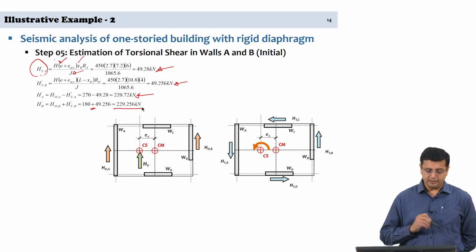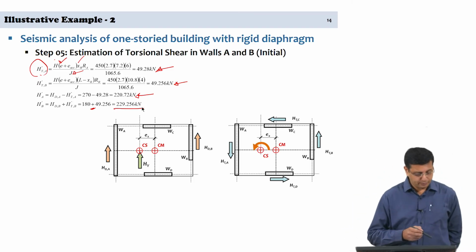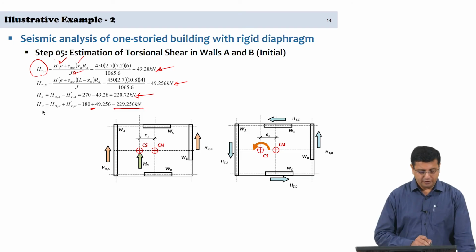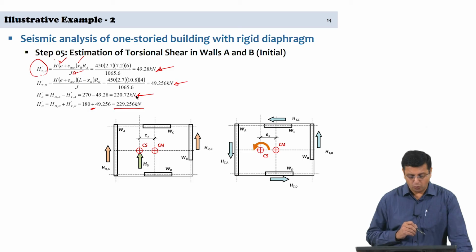So, 180 plus 49.256 gives us 229.256 as the initial estimate of the total shear in wall B.